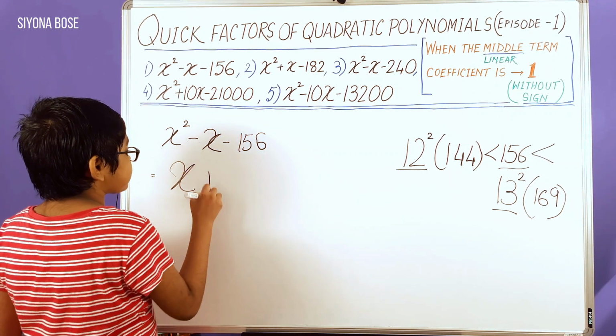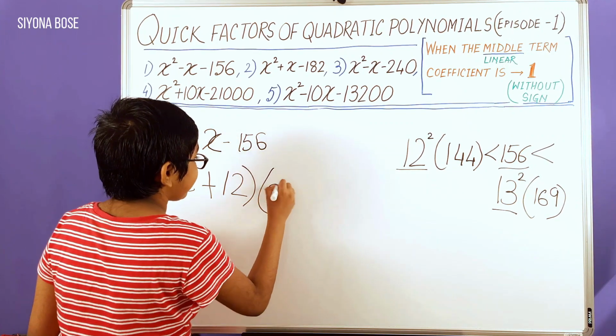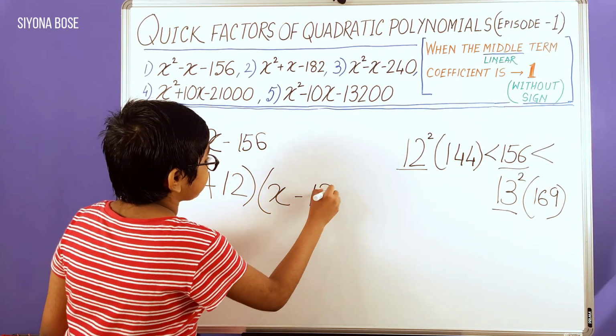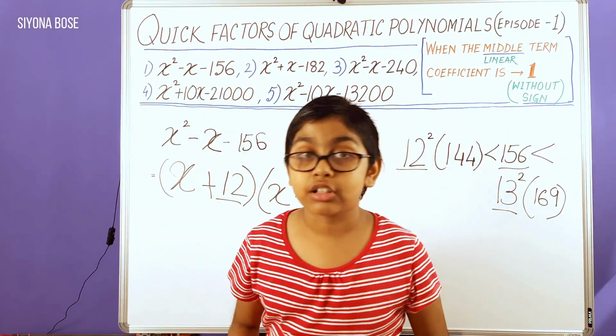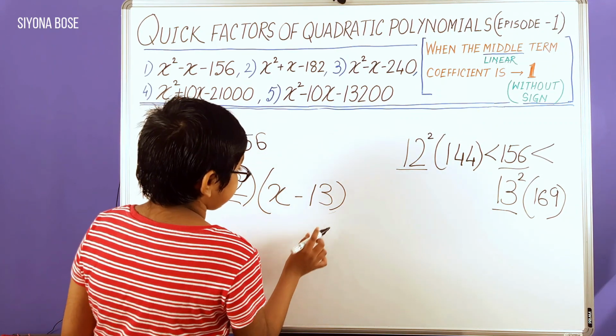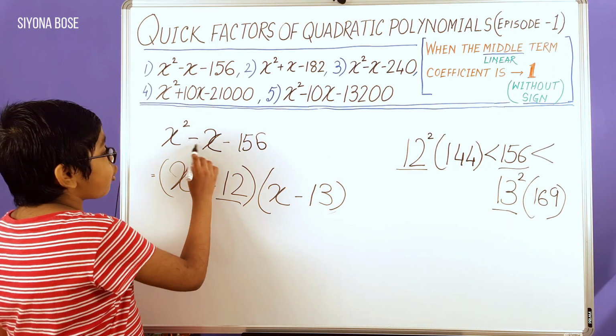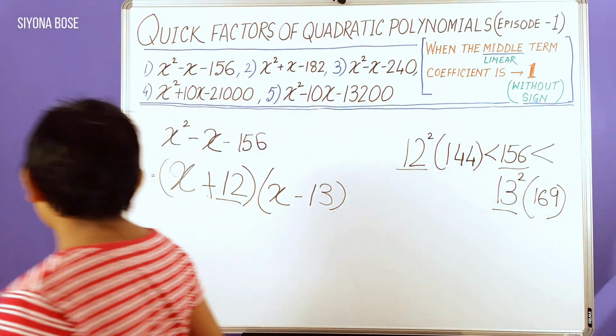So we have x plus 12 the whole into x minus 13 the whole. Since the smaller number 12 has a positive sign, and the bigger number 13 has the negative sign, it's perfect. So we have factorized our first polynomial, and we can move on to our second.